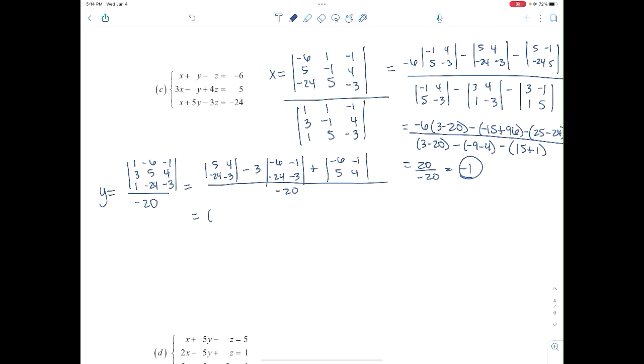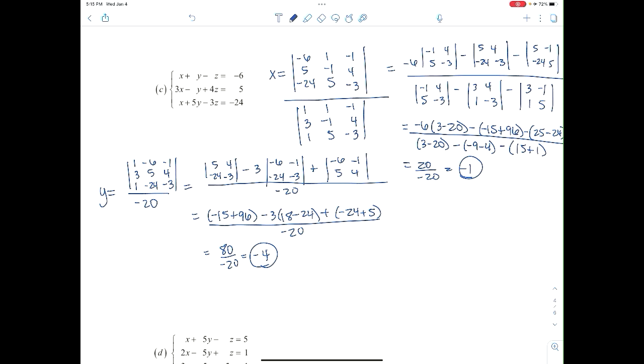That gives us negative 15 plus 96 minus 3 times 18 minus 24 plus negative 24 plus 5 over negative 20, which gives us 80 over negative 20, which is negative 4.